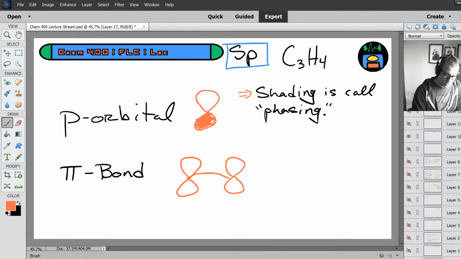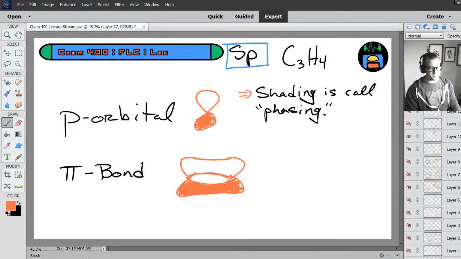Once they merge to become the pi bond, because the two p orbitals had one half with clear phasing and one half with shaded phasing, once they merge, the lobe that came from the shaded phase remains shaded, and then the lobe that came from the unshaded phase remains unshaded. So that's why you'll notice with all of my pi bonds, I shade one half.